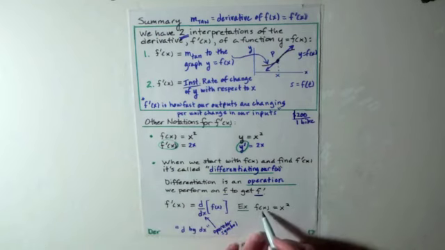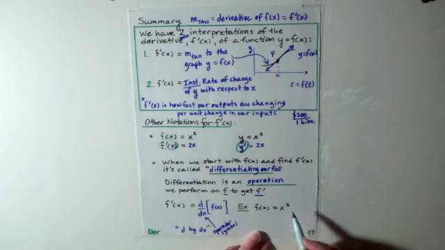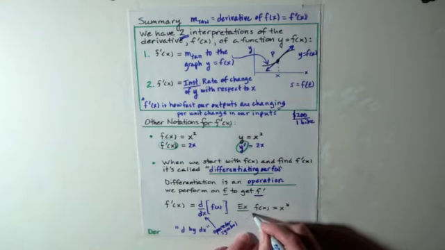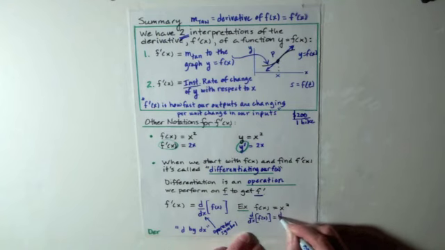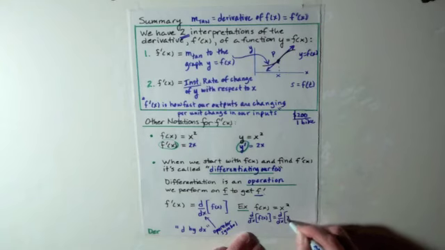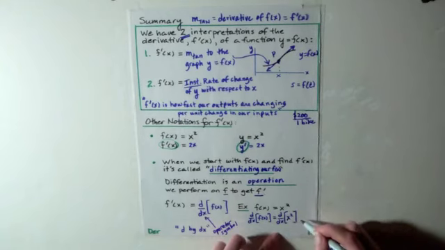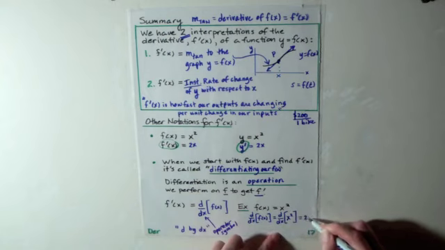So for example, if I write f of x equals x squared, if I have that particular example, and then I said, oh, I want you to find the derivative of f of x, that would mean find the derivative of the function x squared in this particular example, and the derivative of x squared is just 2x.